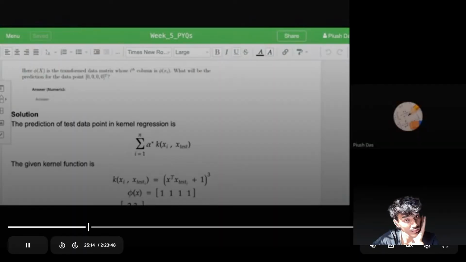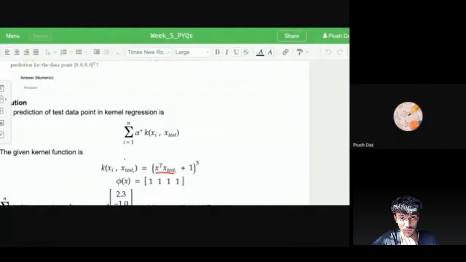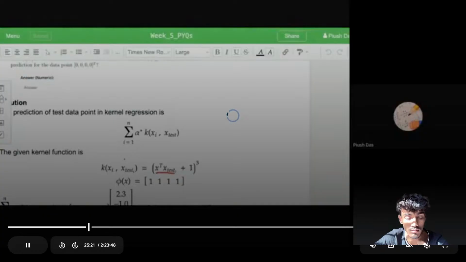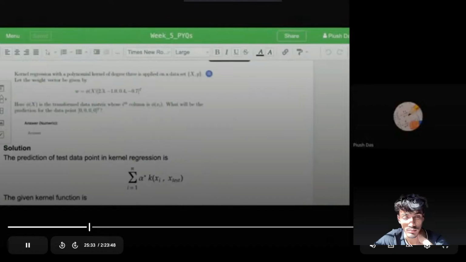This was taught in week 2, right? And to the power p. So here it is mentioned degree 3, so it is x transpose x test.